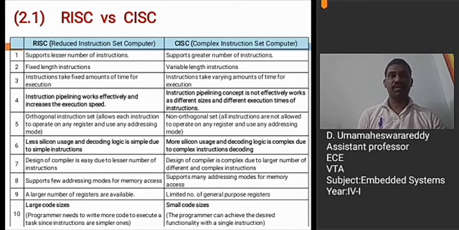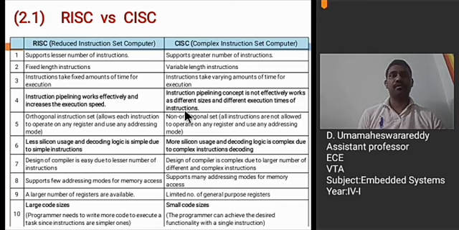These are the benefits of RISC. But in CISC, the instruction pipelining concept does not work effectively because of different sizes and different execution times of instructions.